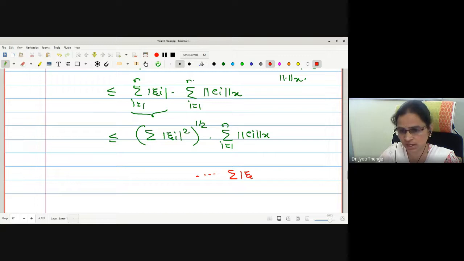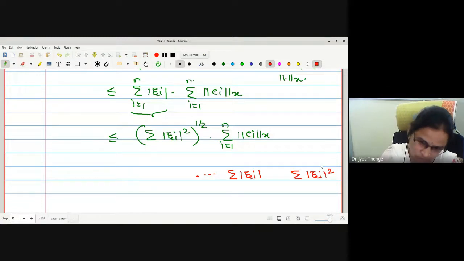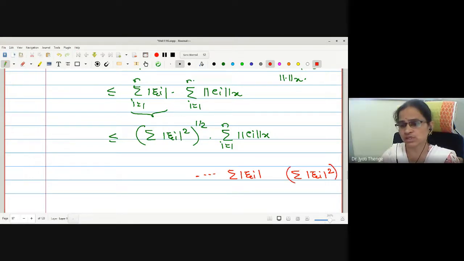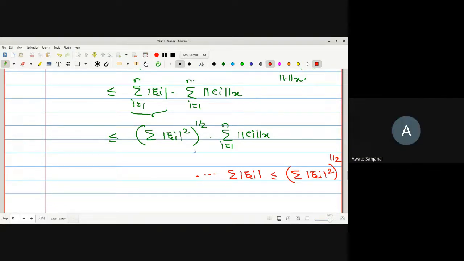Summation mod zeta i, the zeta i's are any scalars, and here I have mod zeta i squared. What is the relation? Less than or equal. If I take a root on this, I may say this is less than or equal to holds again. Yes, ma'am. So this is what I have used.